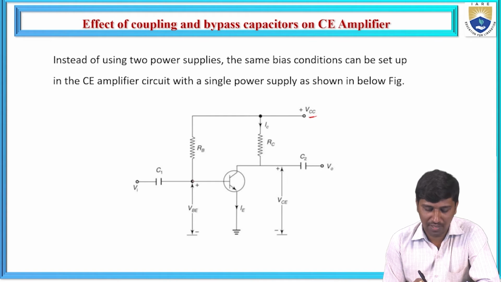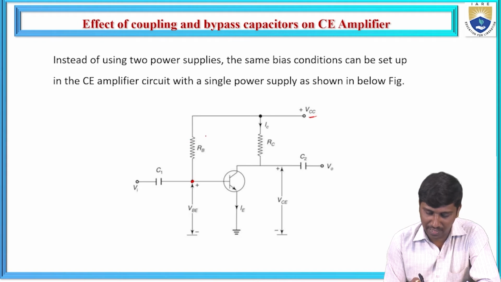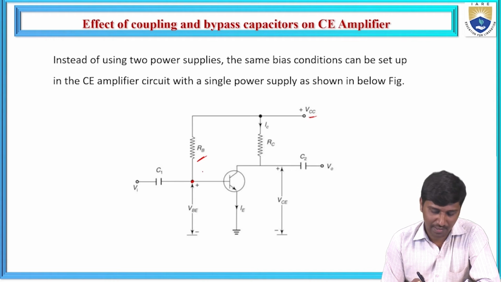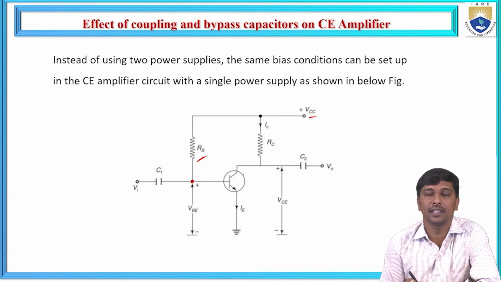Again, the emitter base junction we need to maintain as forward biased. Hence, the base is biased with the positive pole of the battery through the biasing resistance RB, so the emitter base junction becomes forward biased. Similarly, we need to satisfy that the collector base junction is reverse biased. For this case, the collector terminal is again biased with plus VCC.